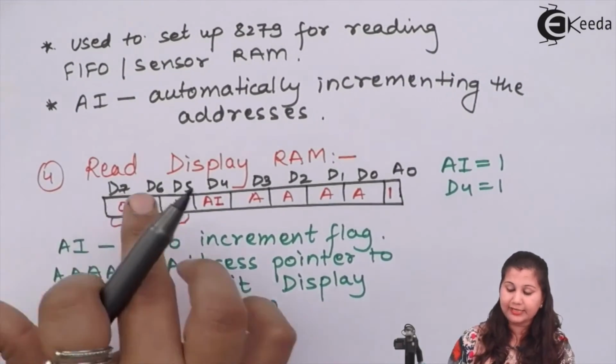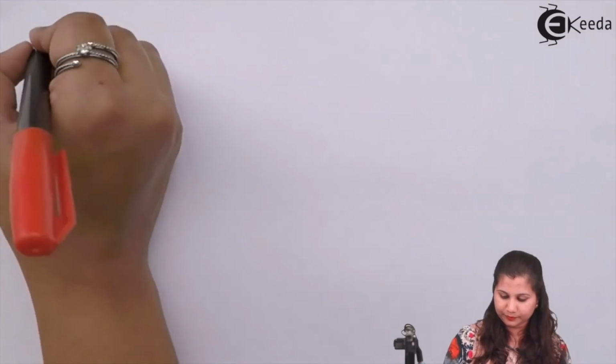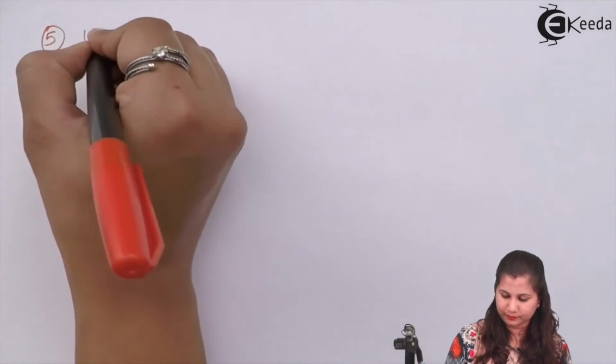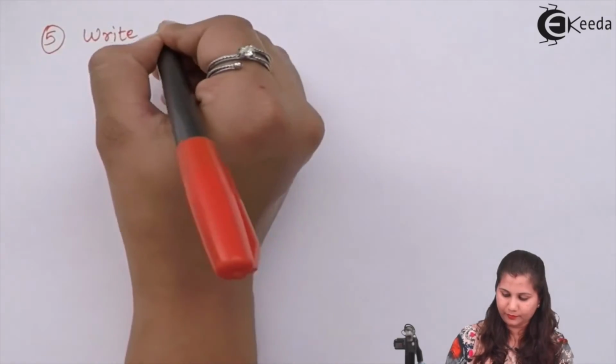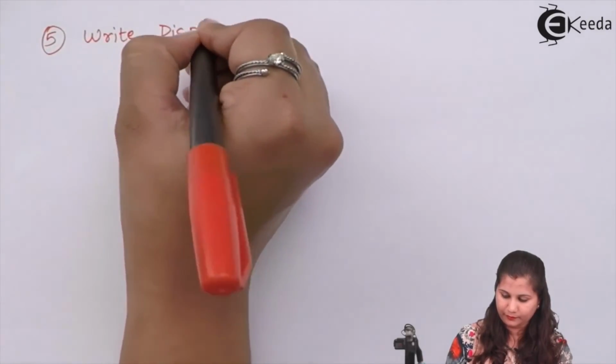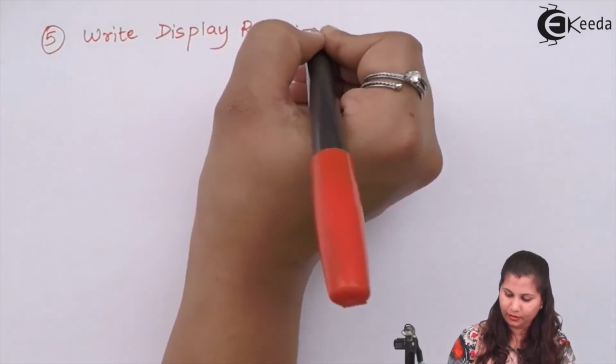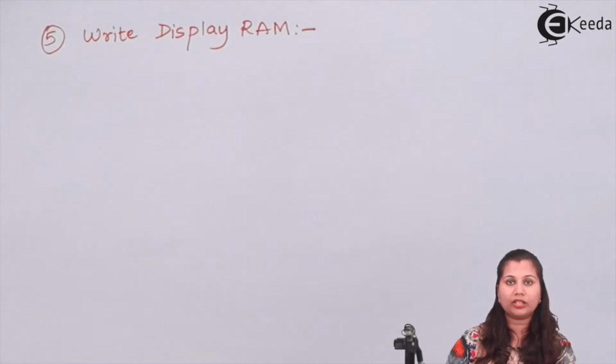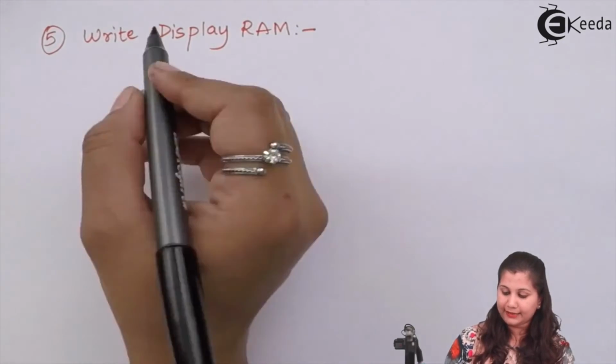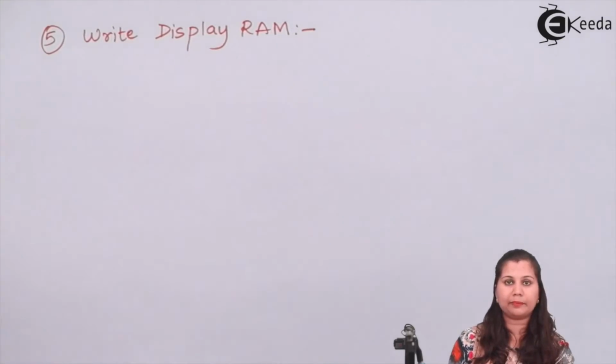Next we have the write display RAM mode. Again we will have a command word for it, and this mode is preparing the 8279 for the write operation, that is, to write data to the display RAM.